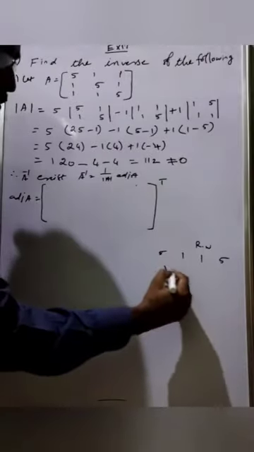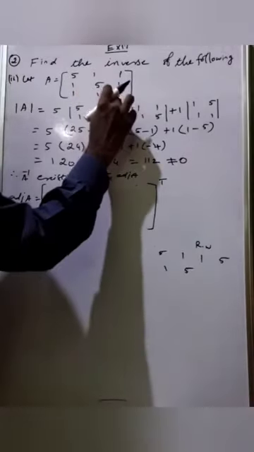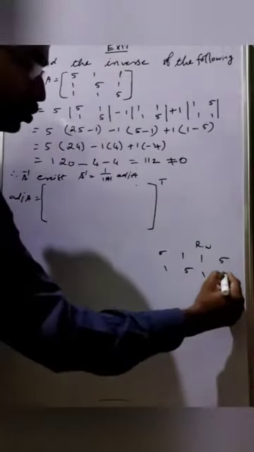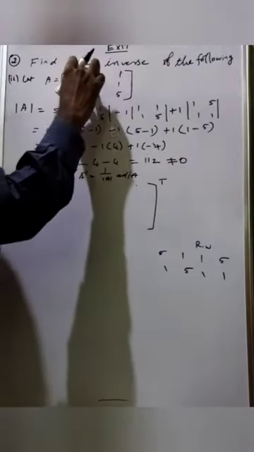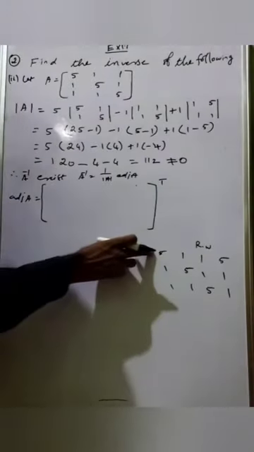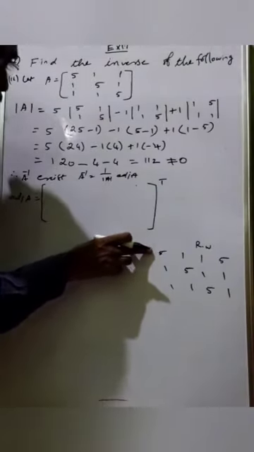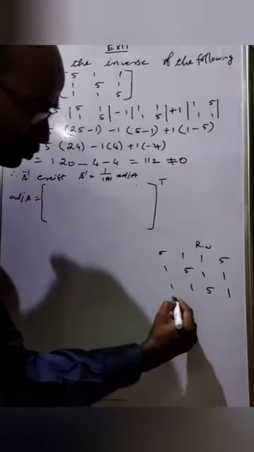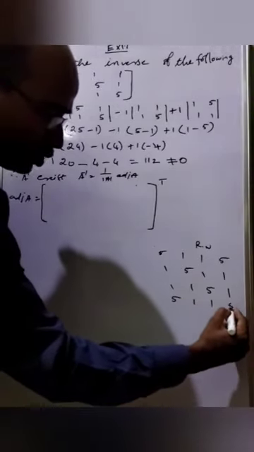Then here 1, 5, 1, 1. Then the first row 1, 1, 5, 1. Then once again write the first row in the rough column: 5, 1, 1, 5.